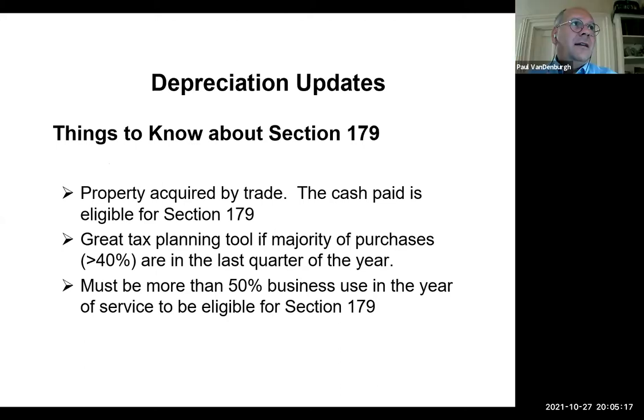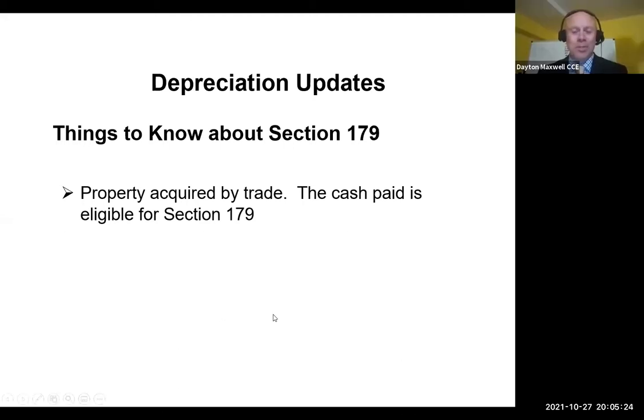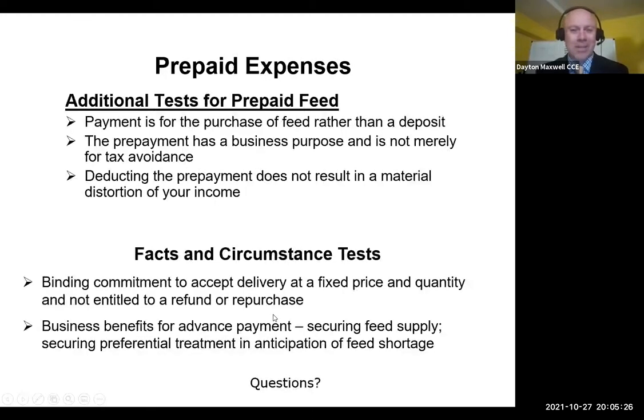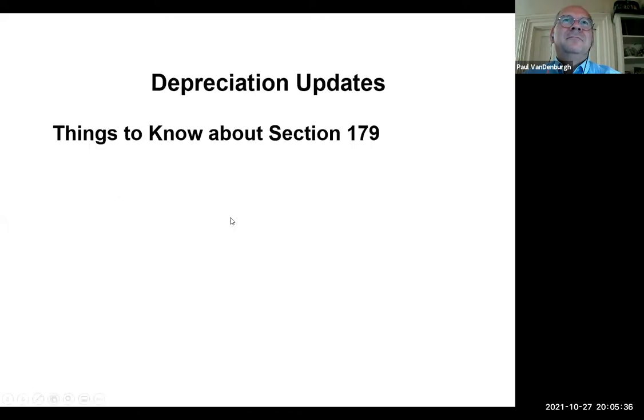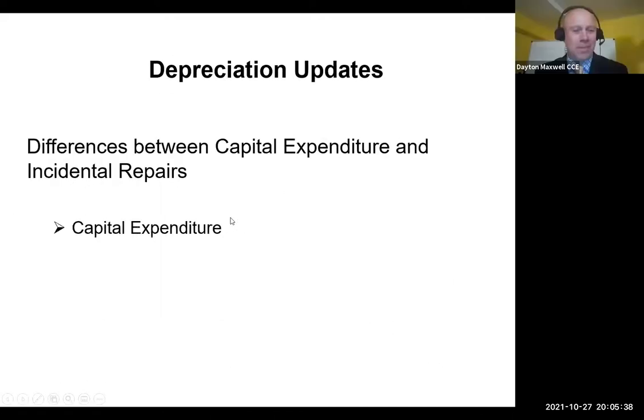Right? That just floors me how high that is now. But that's a big number, isn't it? $1,050,000. Right? That's a big number, Dave. Yeah. Yep. And when I started, it was 10,000 bucks.